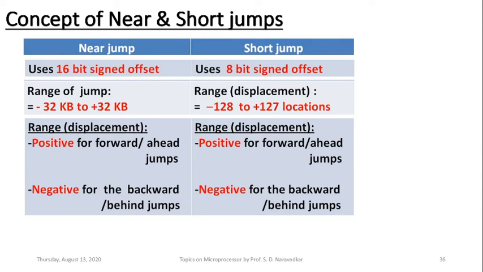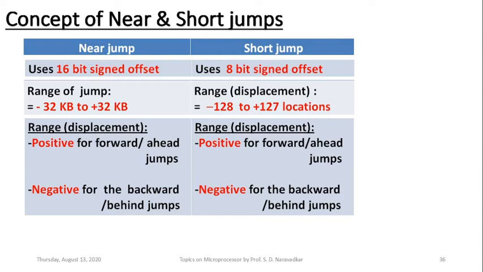Similarly, in case of an ahead or forward short jump, if it is certain to the programmer that the jump will be within 128 locations behind or 127 locations ahead of the current contents of the instruction pointer, then the user can put an instruction like JMP, the unconditional jump, followed by SHORT and a label, just as I explained in the earlier slide.